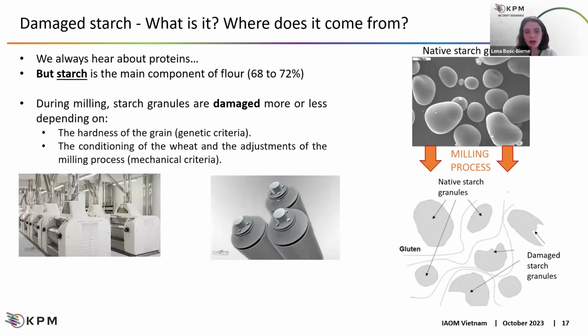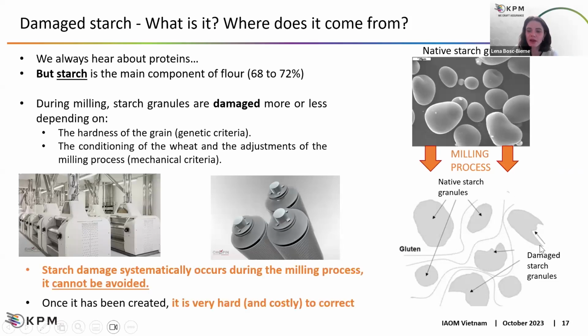It will also depend on the conditioning of the wheat and the adjustment of the milling process, but you will always produce damaged starch, meaning starch granules that have lost their integrity. It always happens during the milling process. It cannot be avoided. And most of all, once damaged starch has been created, we cannot correct it.